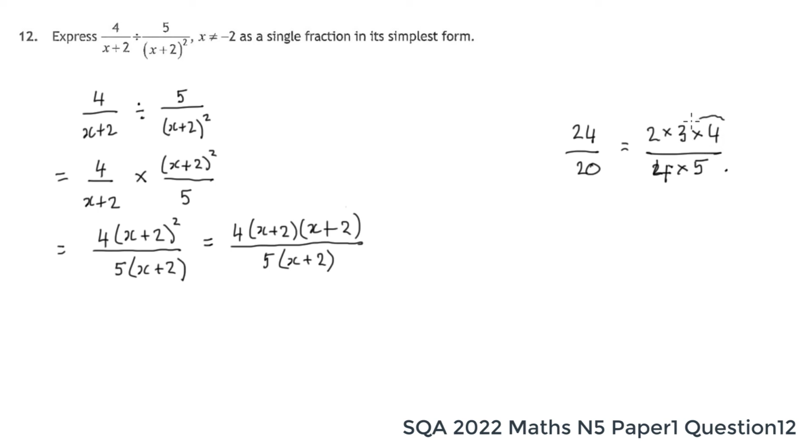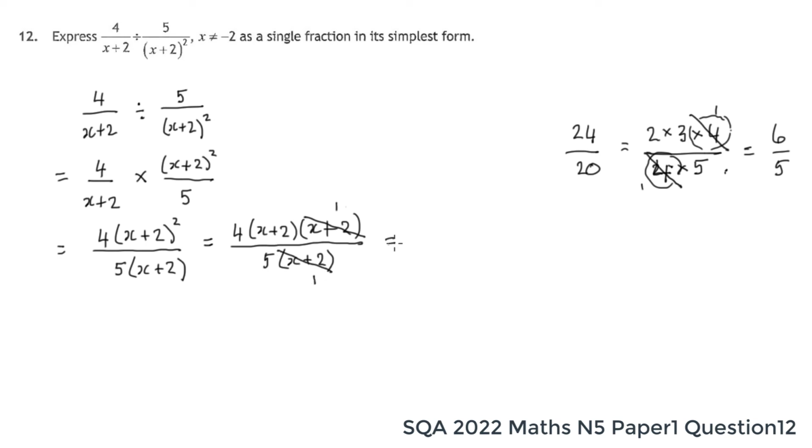You'll notice that this factor of 4 occurs both in the top and the bottom of the fraction. So we can divide the top number by 4 and divide the bottom number by 4 to get 6 over 5. In other words, that's what's happening when we cancel out a common factor of 4 top and bottom. So this factor of x plus 2, we can divide the top line by that, and we can divide the bottom line by that.